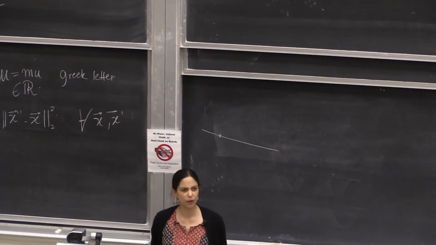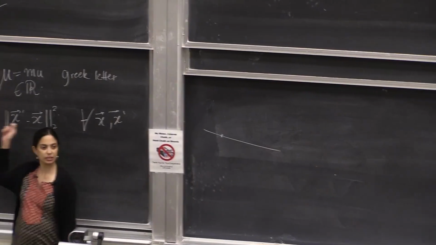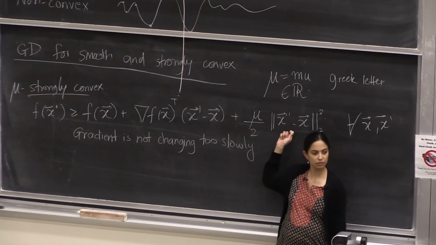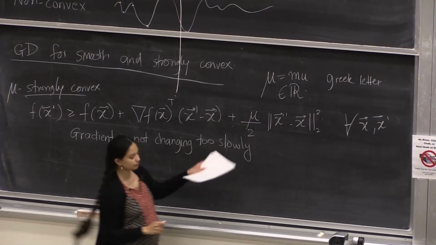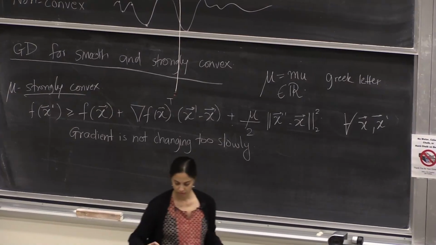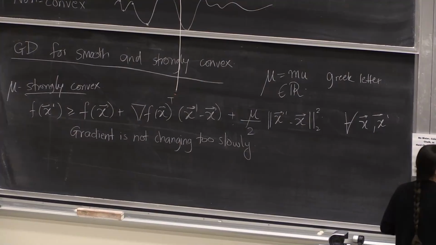Why is a slowly changing gradient a bad idea? Can I repeat the thing about the quadratics? Okay, so everyone sees that this is like Taylor's theorem, right? What is the term here when I write out Taylor's theorem? Okay, let me just write this over here. So what does Taylor say?